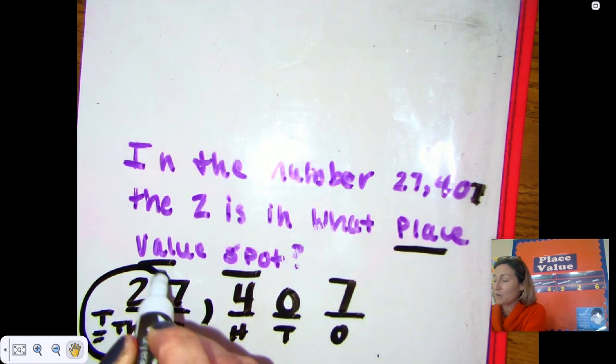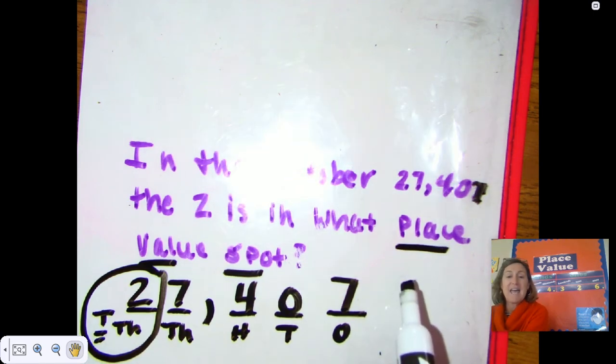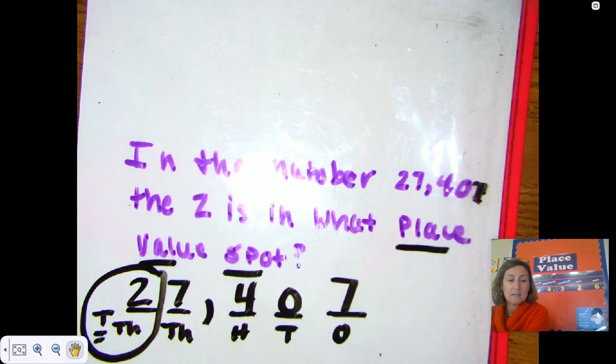Okay, it asks us where the 2 is. What place value spot is the 2? So if we have written our lines out, we have plugged in our number, we know that the 2 is in the 10,000 spot. So our answer would be 10,000 spot. That is where our 2 is.